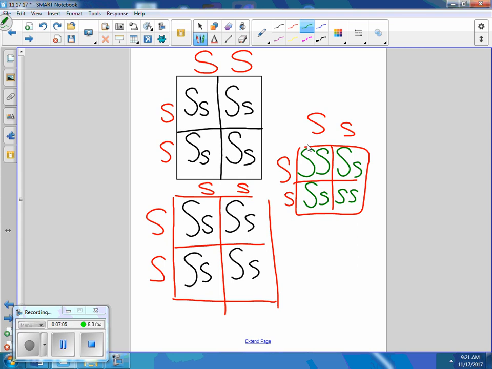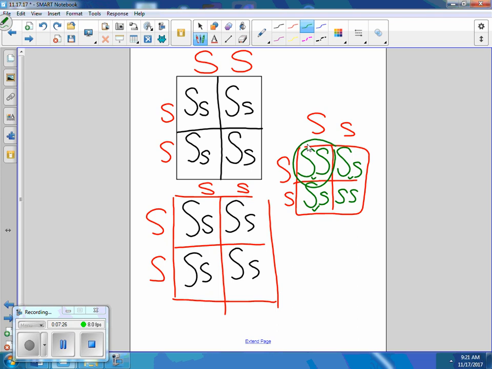Yeah, I'm making up my own questions. What percentage are smooth? All right, let's look at this. Smooth or wrinkled? Smooth. Smooth or wrinkled? Smooth. What is this one, Ty? Wrinkled.